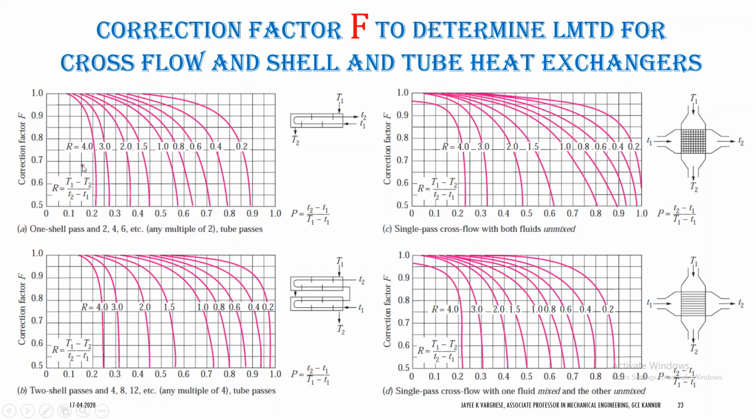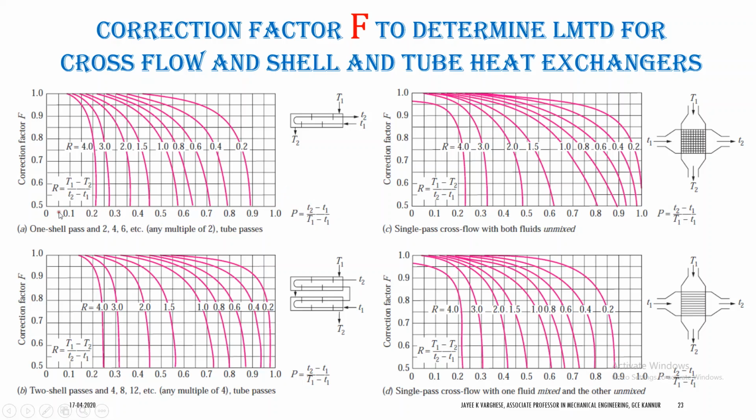So R is the temperature difference of the shell fluid divided by that of the tube fluid, calculated in such a way that it is always a positive quantity. The different curves are for R values like 4, 3, 2, 1.5, 1.8, and the x-axis is P.